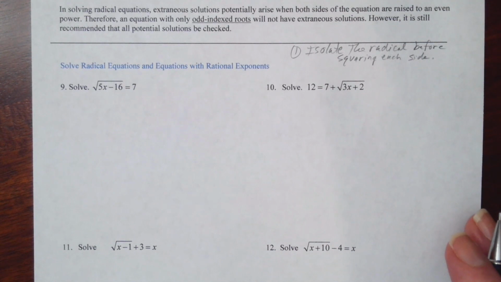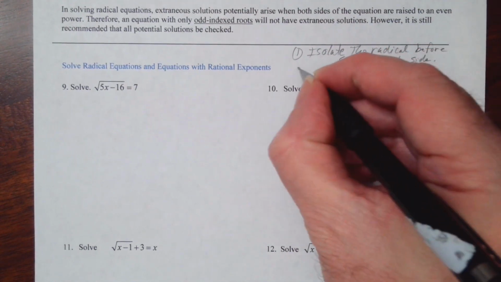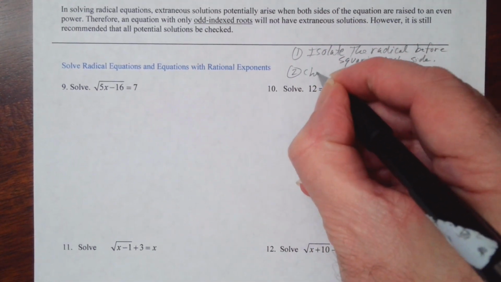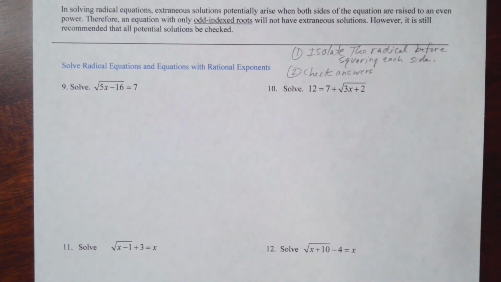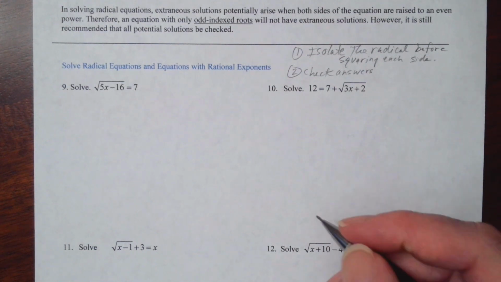If you had a cube root, you'd cube both sides. But the other thing is you want to check your answers. Especially with square roots or any even root, and normally we end up working with square roots, that's an important part. It's always a good idea to check answers when you're solving equations, but when you're solving radical equations, you really need to check your answers.